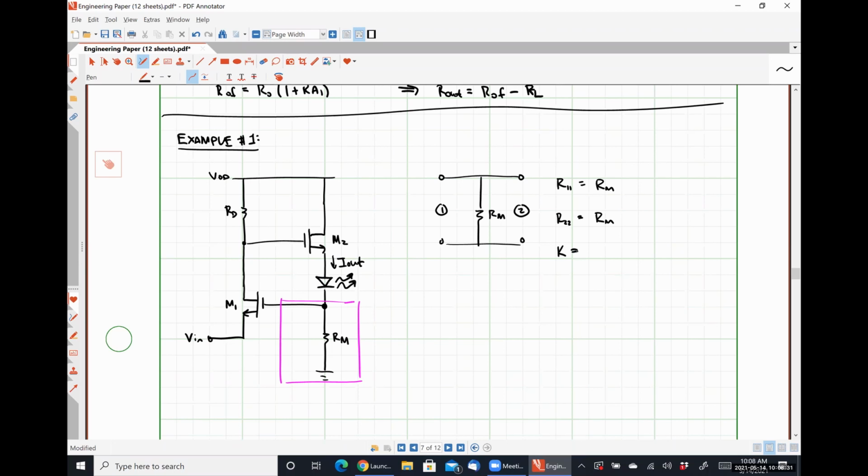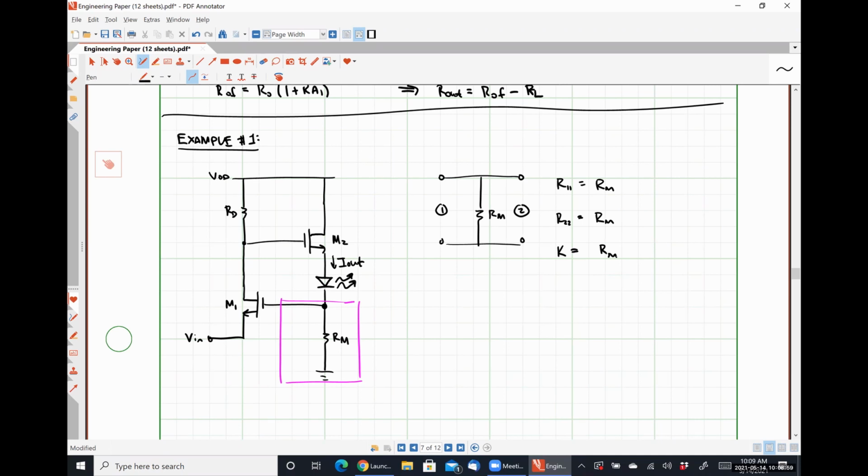And so if I divide the voltage seen at port 1 by the current flowing through port 2, I just get RM yet again. So for this particular feedback configuration, the measure resistance is R11, R22, and our feedback factor. So this one's pretty simple to figure out what's going on.